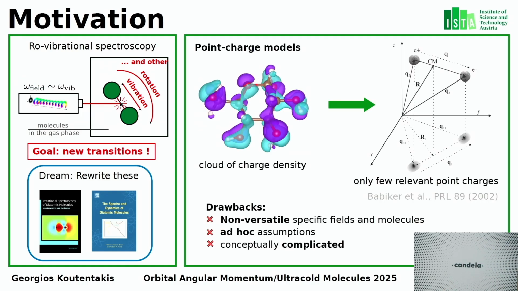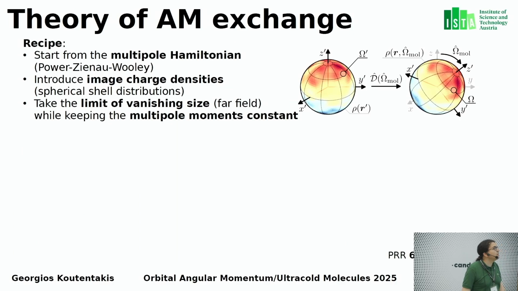We are not the first to try to address this problem. People have tried with point charge models, but these tend to be non-versatile, have a lot of ad hoc assumptions, and they're complicated. You cannot do this for every molecule.